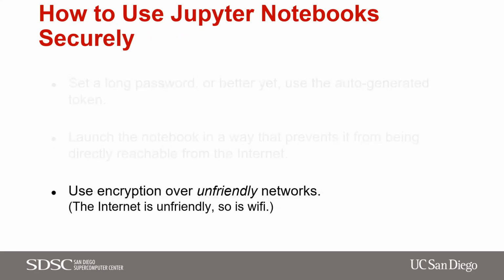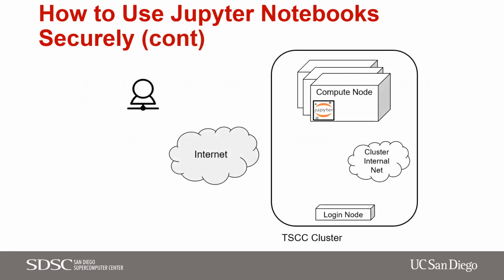And now let's tackle this encryption issue. So yeah, it's difficult. If everything is done right, we've got this Jupyter notebook that's running on a compute node and it's not reachable from the internet. So you're going to have to do something to get to it over the internal network. And you've got to go through the internet to the login node, from the login node, bounce through the internal network to the notebook.